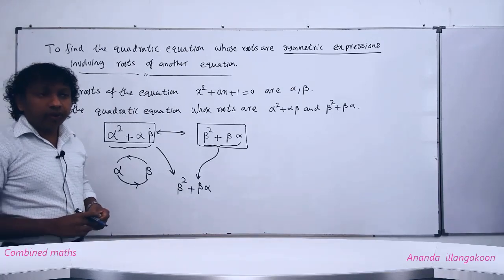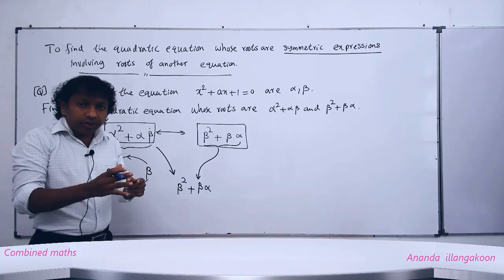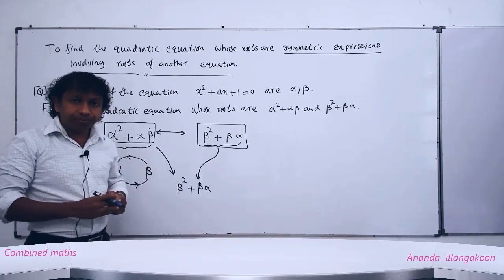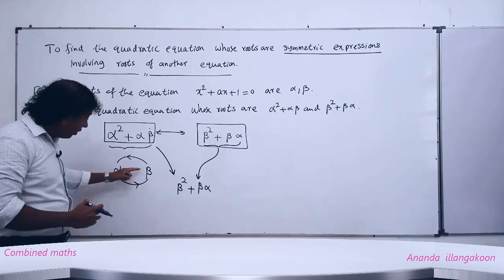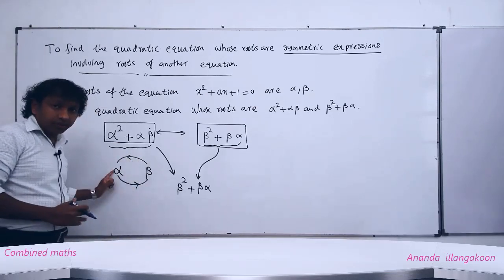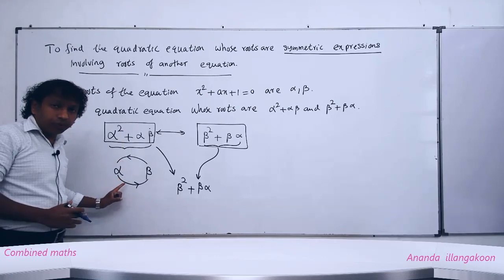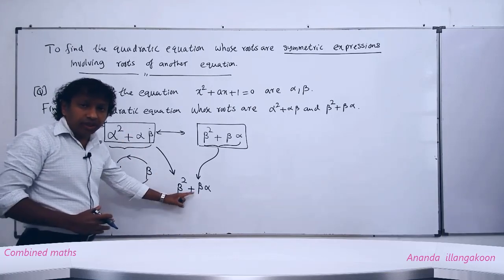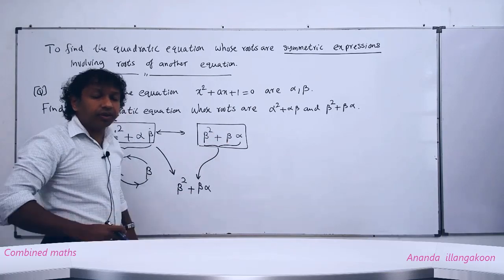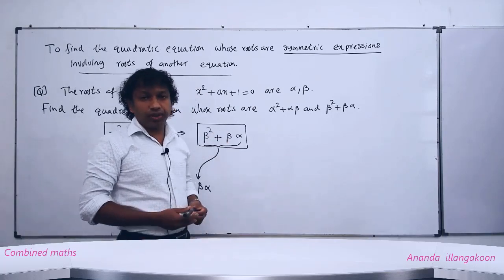Then interchange those two letters between them. Taking one root, if we interchange the two letters like this and, as a result, we get the other root, then we say that the two roots are symmetric.